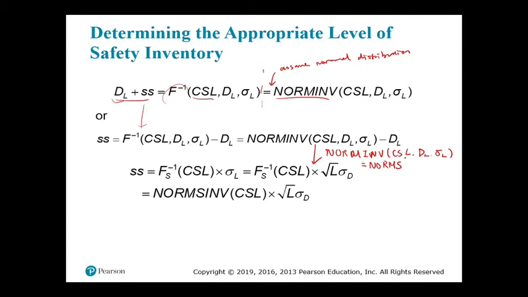So just adding this S, NORM.S.INV, and standard normal distribution is the normal distribution with 0 mean and 1 standard deviation.